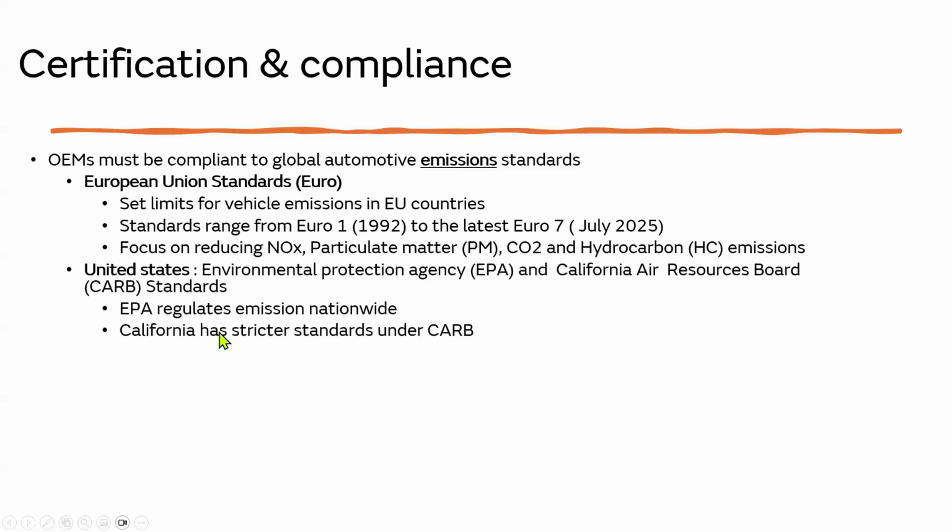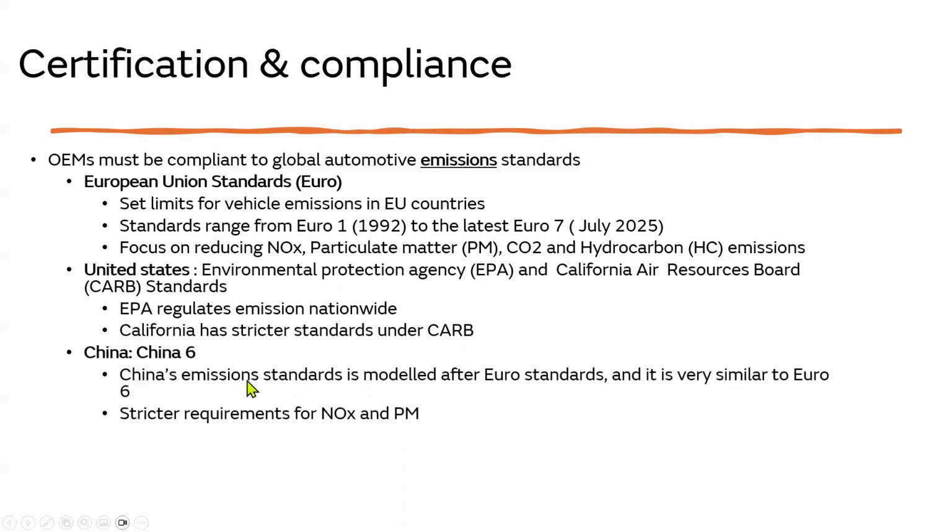In the United States, they have their own standards. They have the EPA, the Environmental Protection Agency. In California, they have much stricter rules, with something called CARB, the California Air Resources Board.